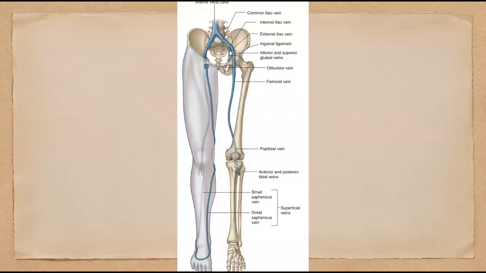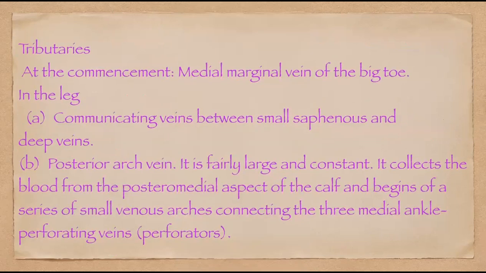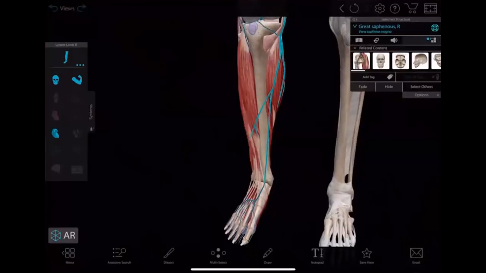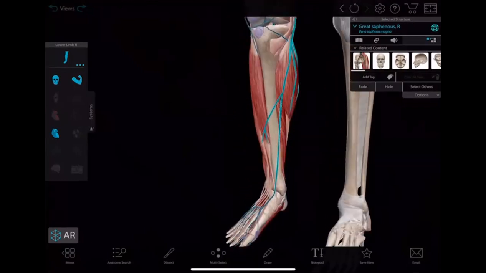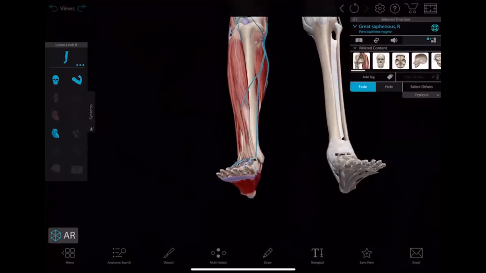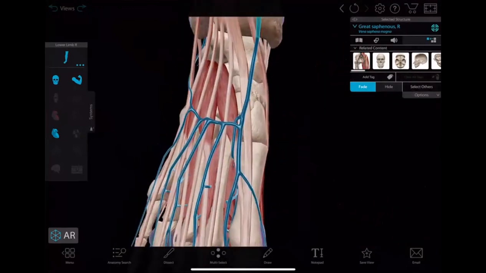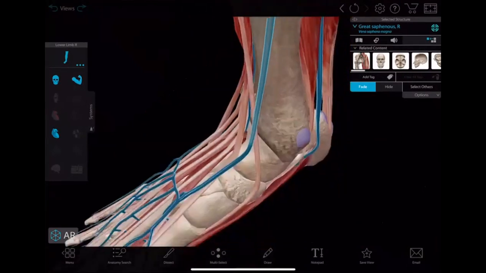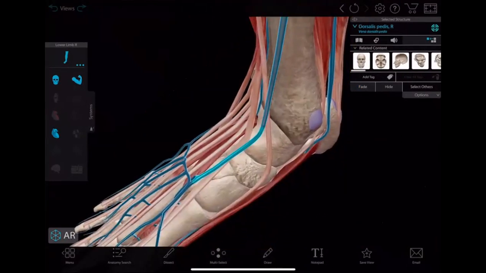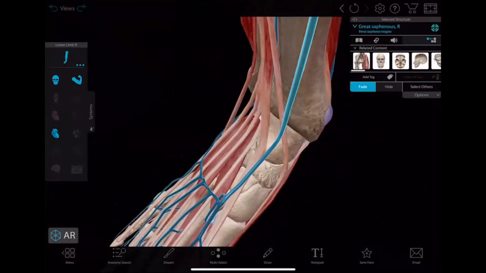So you see, this is where it starts, right? Starting of the great saphenous vein, 2.5 centimeters, and again it crosses like this. So this is the great saphenous vein, right?